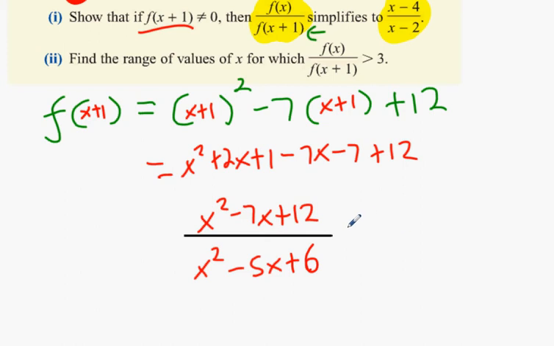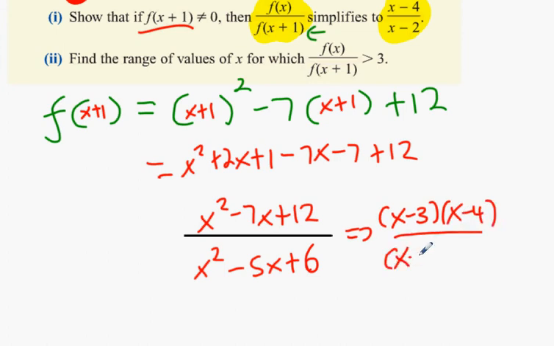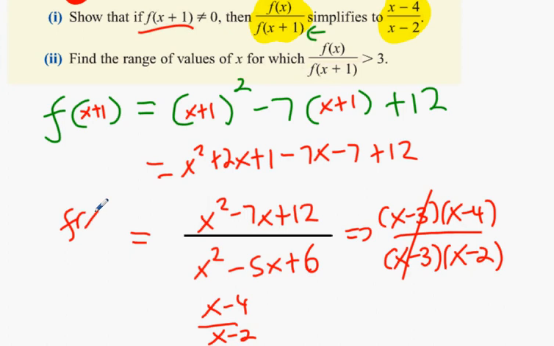So when you fully factorize it, you'll get x minus 3, x minus 4, all divided by x minus 2. And what happens there? And then you're left with x minus 4 minus 2. Now, this whole thing here is f of x over f of x plus 1.